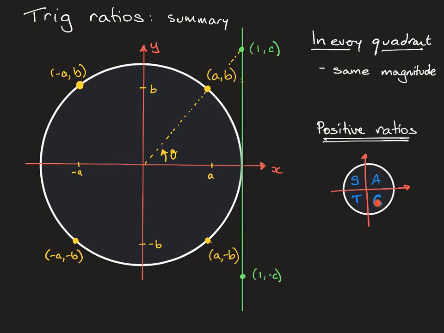A couple include the fact that it spells the word cast if you start down in the fourth quadrant. Another one is that it spells the word sacked, like I'm all sacked out. I'm sure you can come up with your own, but you need to remember them.